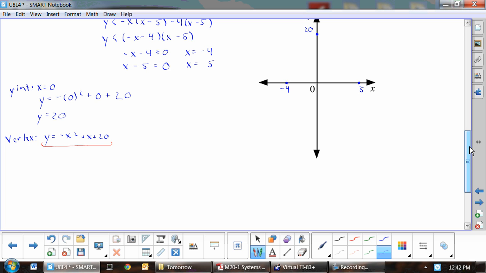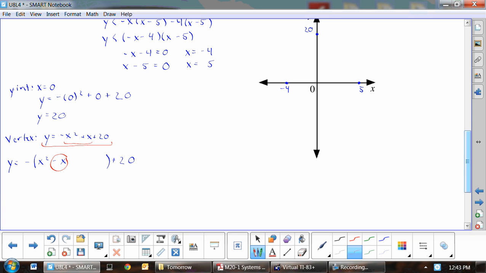Okay? So when you're completing the square, remember that the first thing we want to do is isolate these two. So we're going to take the negative out, and we get x squared minus x. Remember, we leave that big space there. Plus 20.